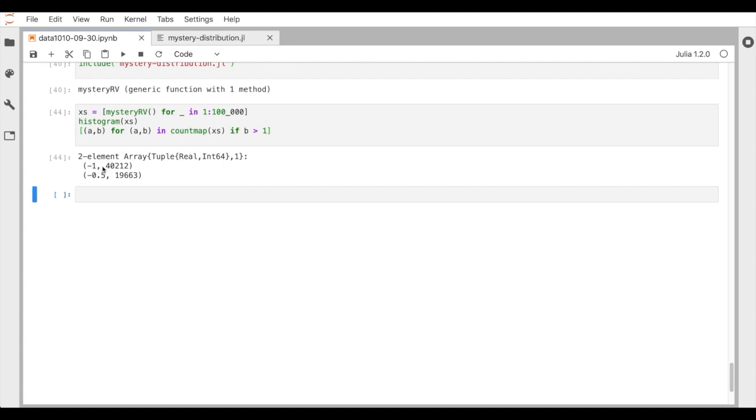And what we see is that -1 appears about 40% of the time, -0.5 appears about 20% of the time, and then all of the other values are distinct. So this distribution seems to be mixing a discrete distribution and a continuous distribution. So with probability 40% it returns -1, with probability 20% it returns -0.5, and with the remaining probability it returns a value which is sampled from some continuous distribution.